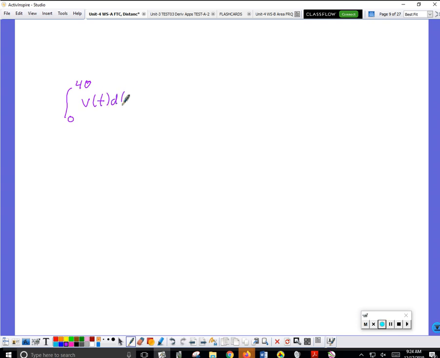Okay, warning, all eyes on the board, everybody. A common mistake is to slip into not thinking and write this. The integral of velocity is v of 40 subtract v of 0. So that's a common error.